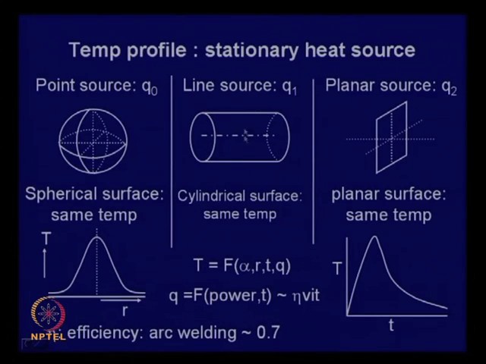So, in this particular case, the line source, the constant temperature surfaces will be cylindrical surfaces. Similarly, we can think about a planar source. If we have a planar source like this, the contours will be just planar surfaces one after the other.